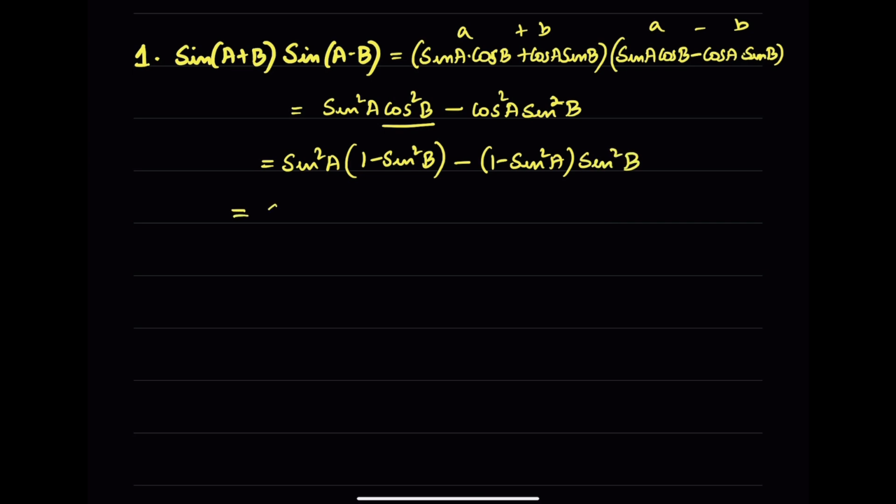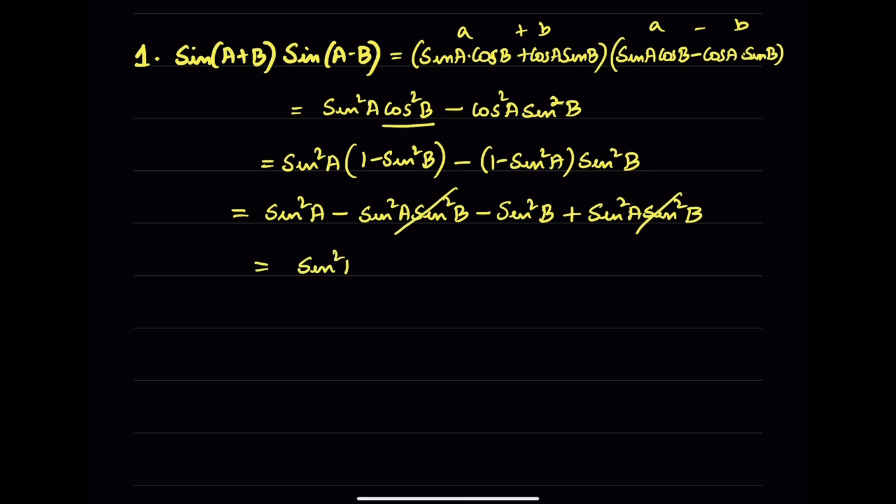So let's multiply this: sin² a − sin² a sin² b, then minus sin² b, minus of minus is plus, plus sin² a sin² b. So we can cancel this out, and we would get sin² a − sin² b.